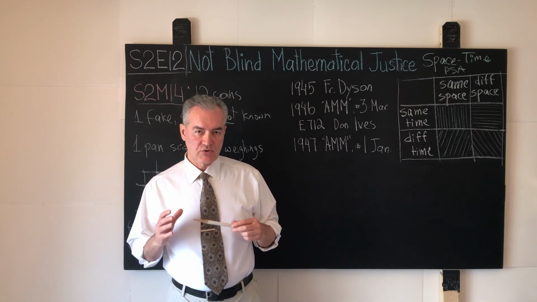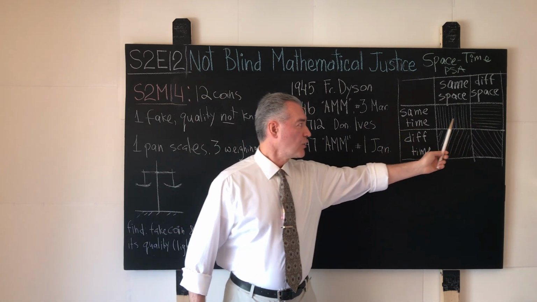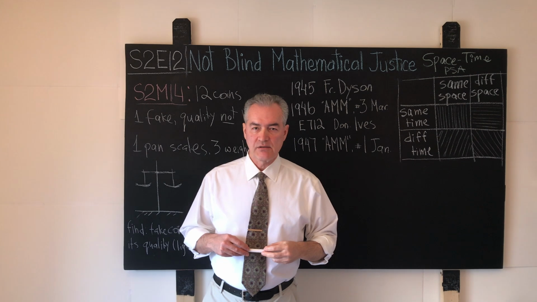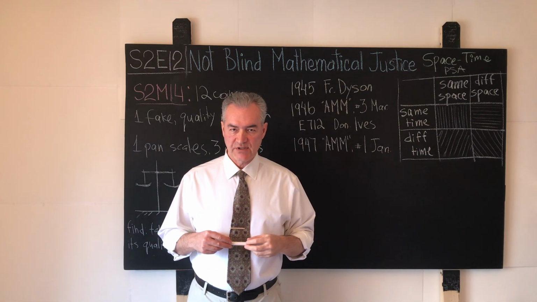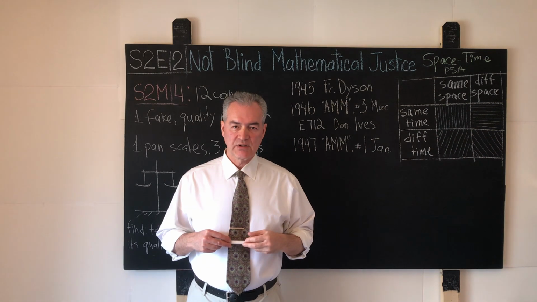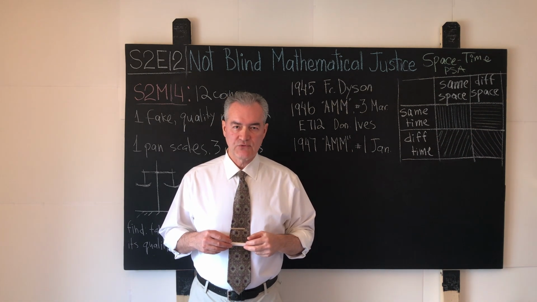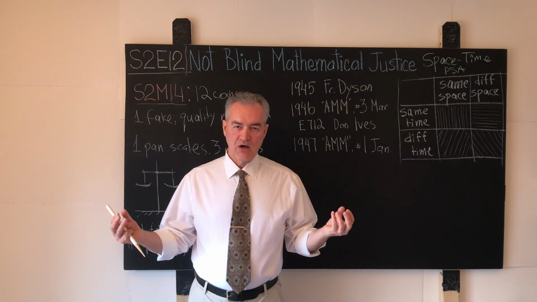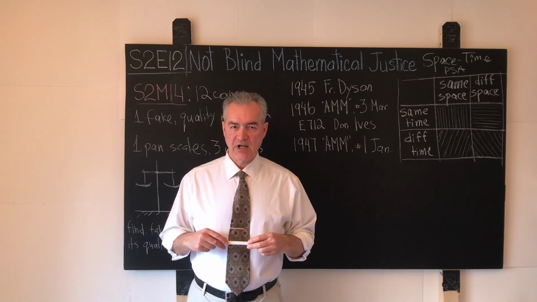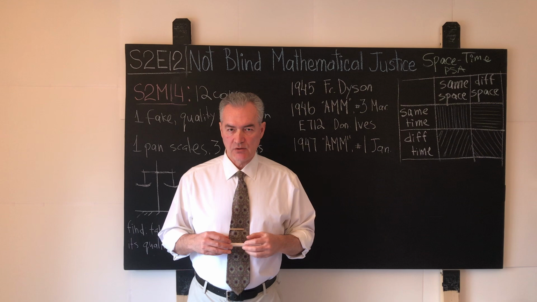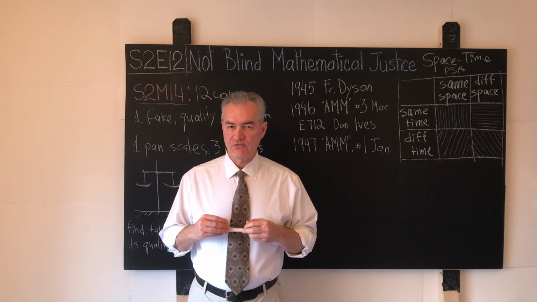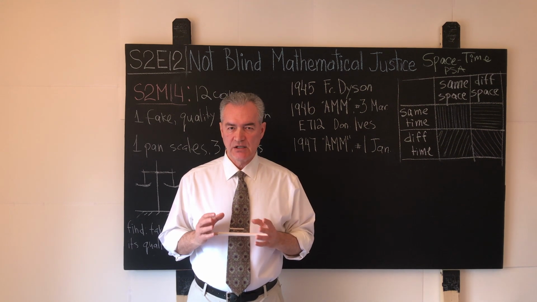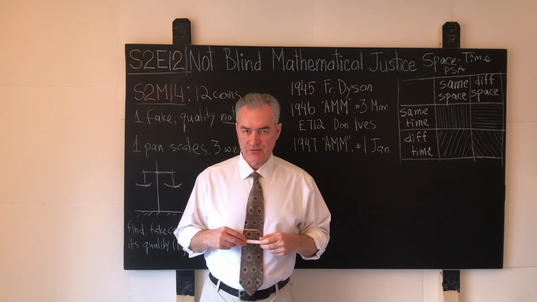The bone of contention in this case is this specific square, same time, different space, because under the mathematical apparatus of the special theory of relativity, it is fundamentally not possible to distinguish if two events that took place at two different points in space occurred at the same time or not. In other words, under the mathematical model of special relativity, the notion of simultaneity loses its classical interpretation.